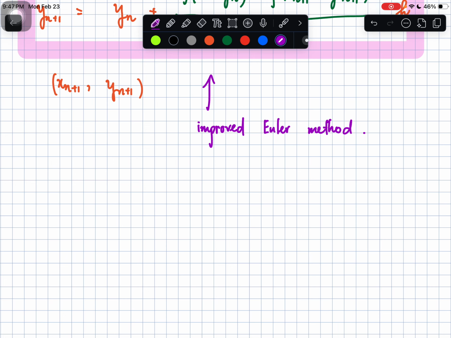So the question is, is this really an improved version? And the answer is yes. The error, we are talking about the cumulative error.